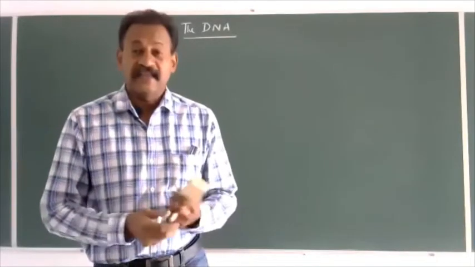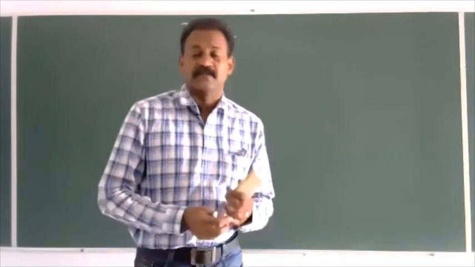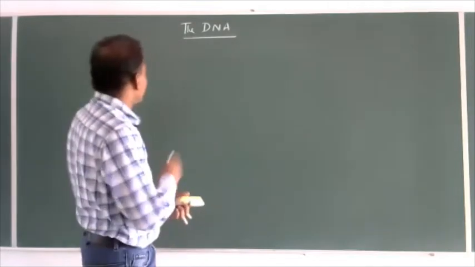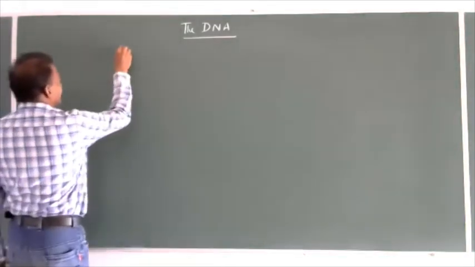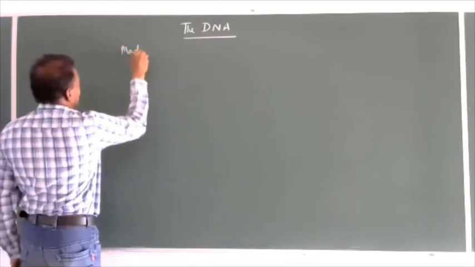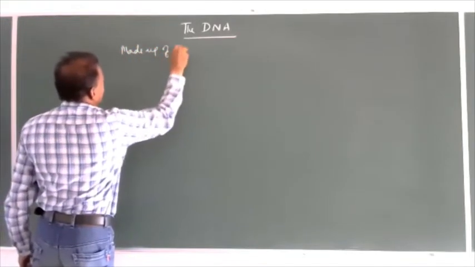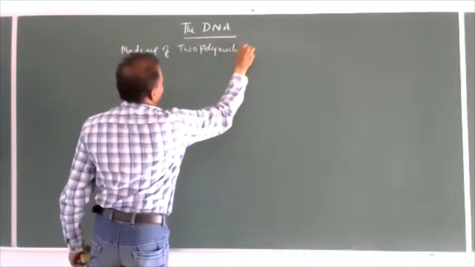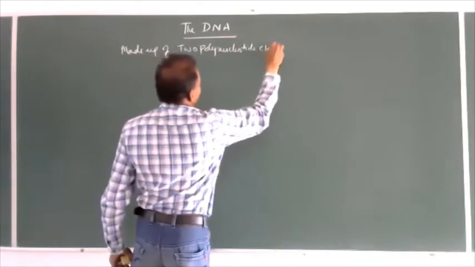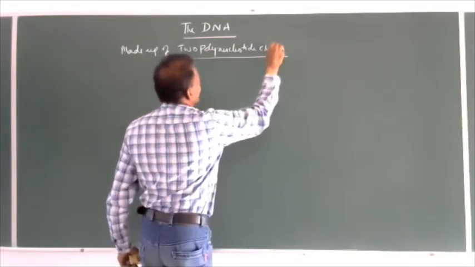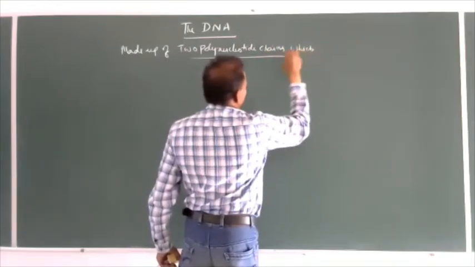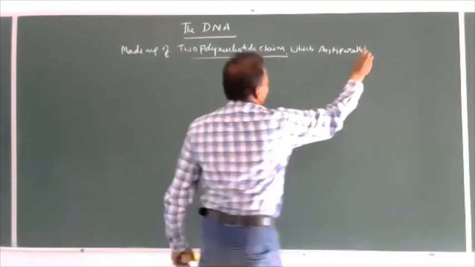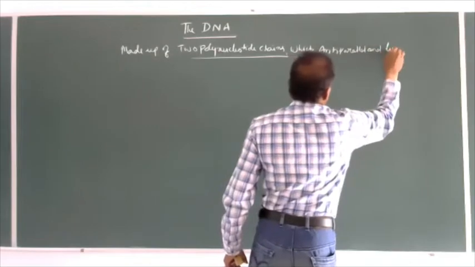Features of DNA, the genetic material which was discovered by experimental proofs. So, what is this DNA? It is a molecule made up of two polynucleotide chains, which are anti-parallel and twisted.